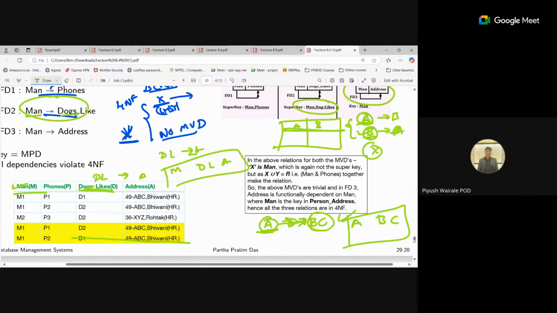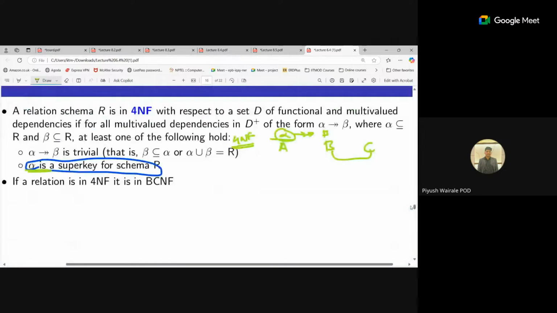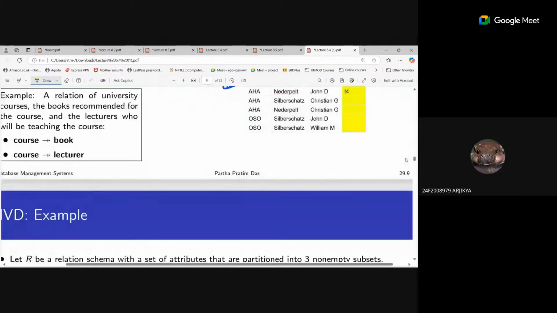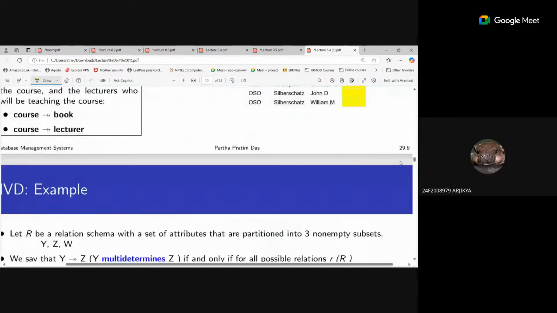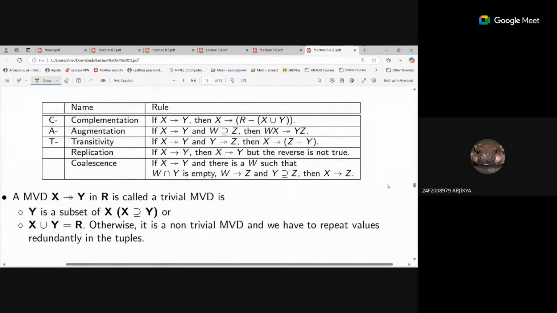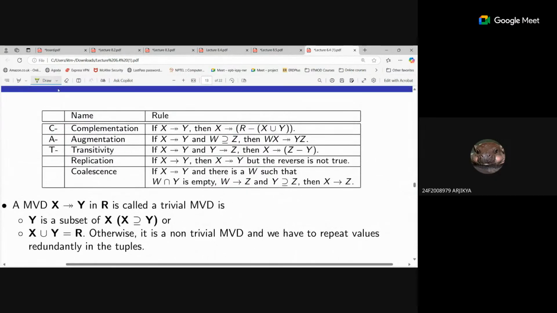I will check with that concept, because the super key concept is applicable to functional dependency, right? Correct. Even in this example, you can break this table. Here you can see this will be true, but the reverse is not true here.